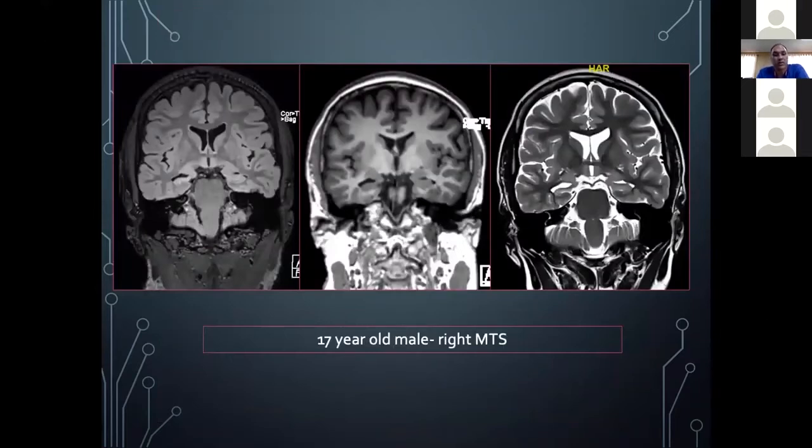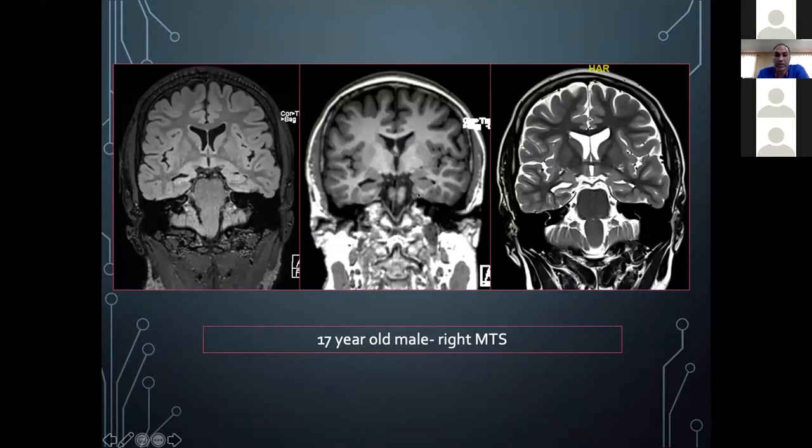This is a 17-year-old male with right side MTS. You can see the hyperintensity and the volume loss of the right side hippocampus as compared to the left side. Look at the T2 weighted images, which very nicely show atrophy as well as the enlargement of the right side temporal horn. And overall, if you see, not much asymmetry is there.